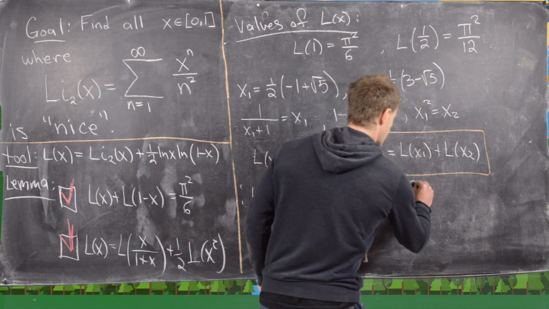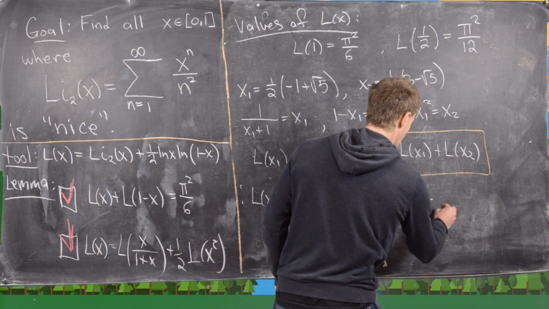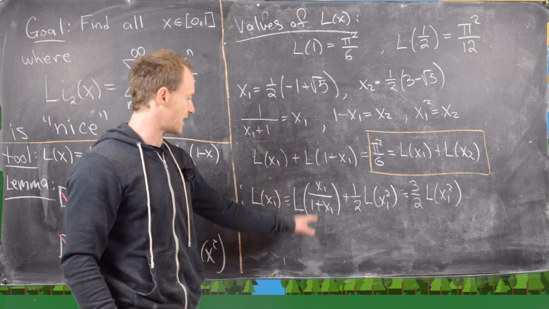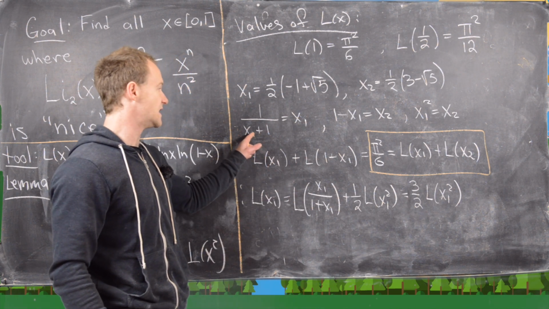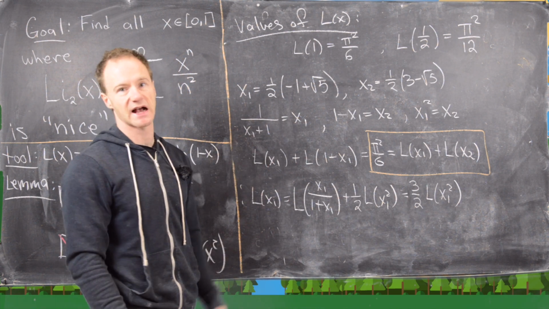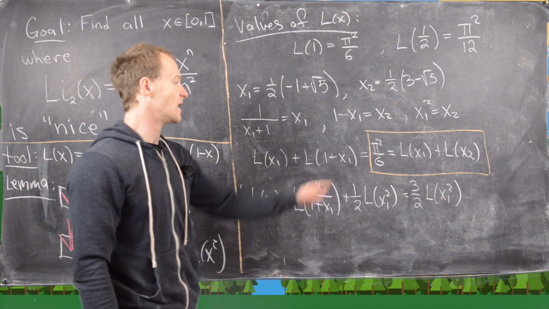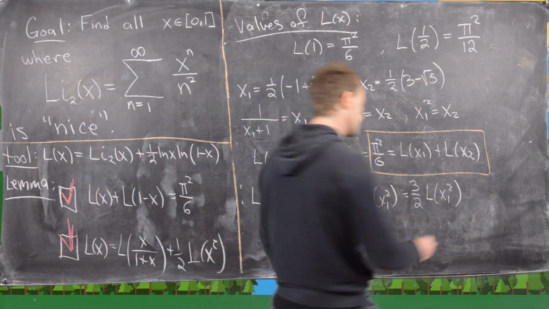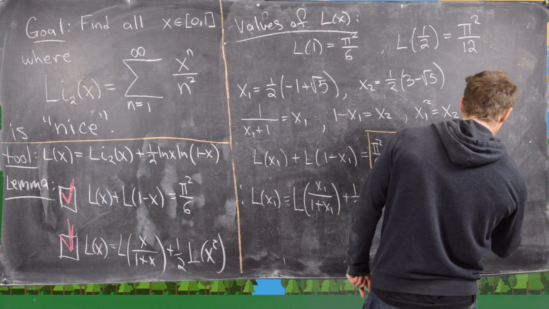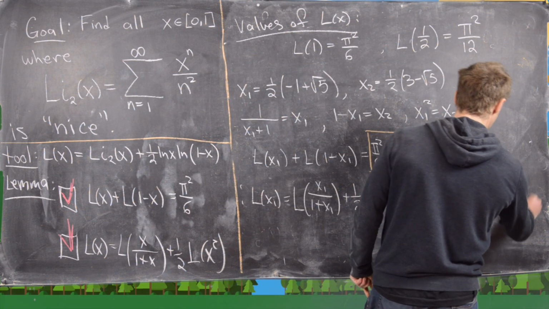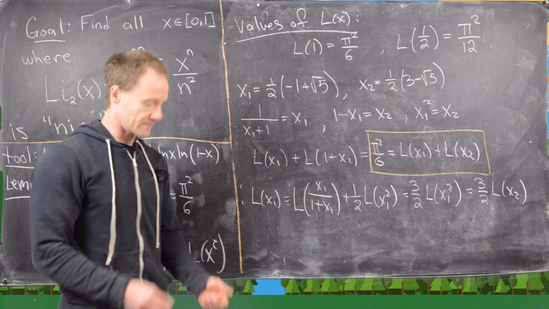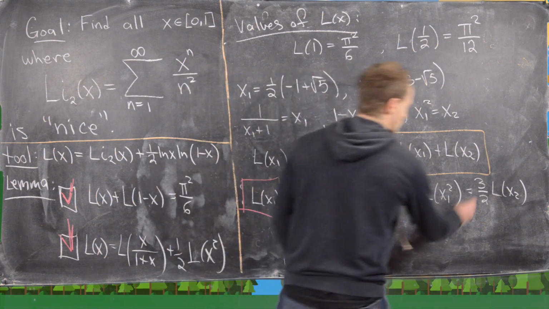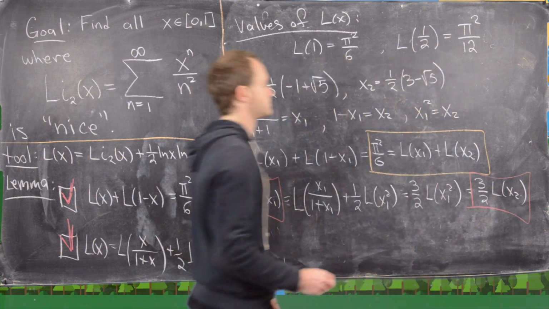So in other words, this is 3/2 L of x1 squared. We get 1/2 from this term and then 1/2 from this term, again, just by multiplying this equation by x1 in the numerator. But notice x1 squared is equal to x2, so that gives us 3/2 L of x2. Okay, so now let's look at the extreme left and right hand side of this.